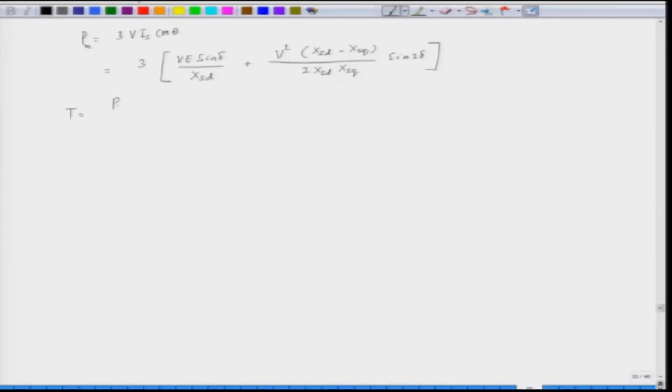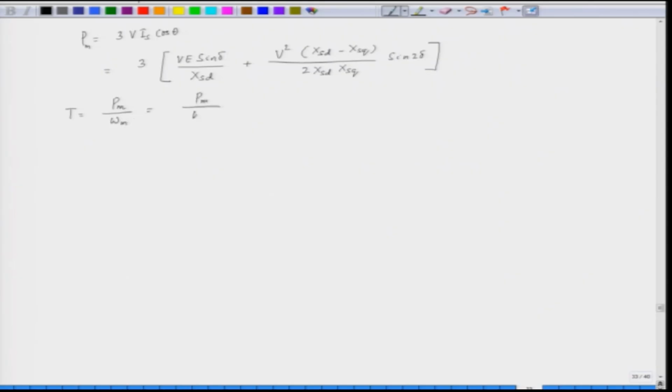If we know the power, we can find out the torque. Torque is power by the speed. The speed here is the same as synchronous speed. So, torque is power by the speed, and what is the speed here?